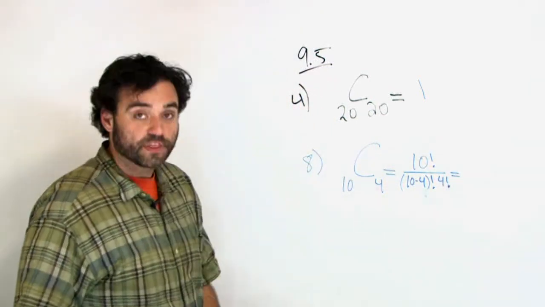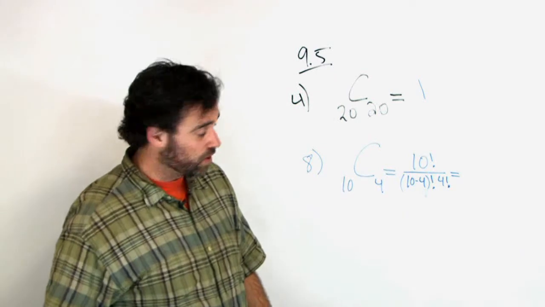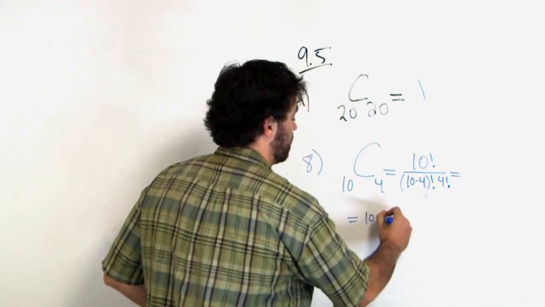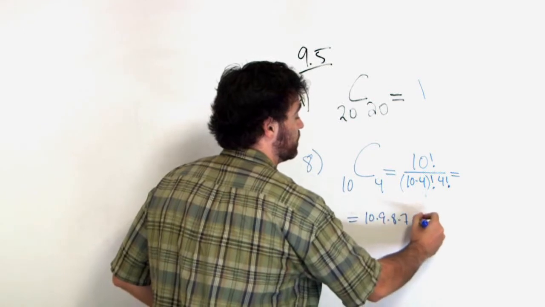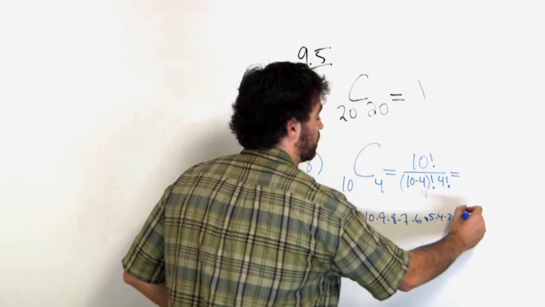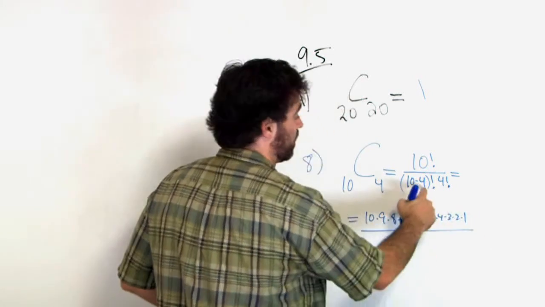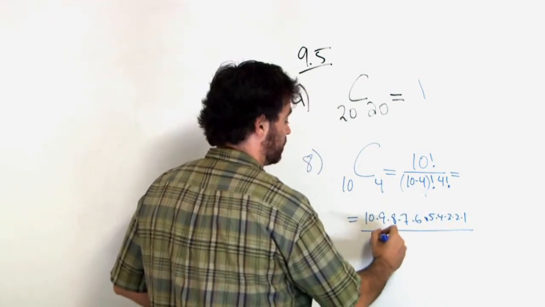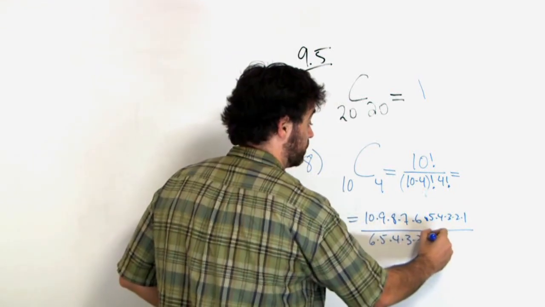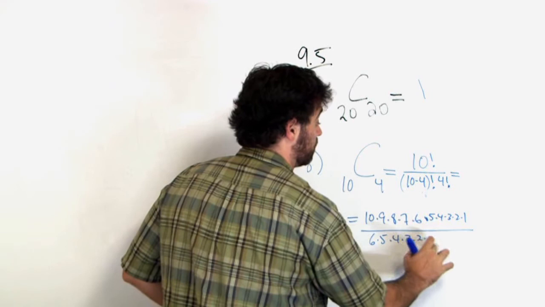So if we plug that all into the formula, what do we get? We get 10 times 9 times 8 times 7 times 6 times 5 times 4 times 3 times 2 times 1 all over 10 minus 4, which is 6 factorial. So that's going to give us 6 times 5 times 4 times 3 times 2 times 1.